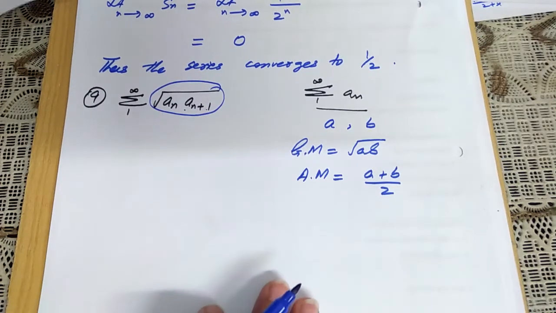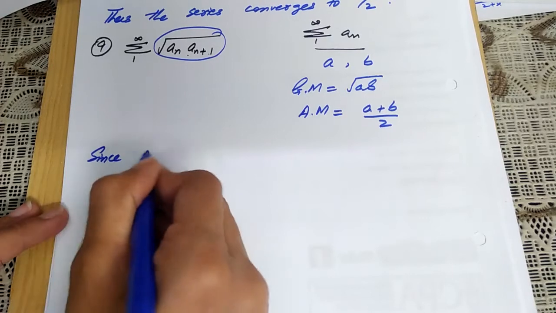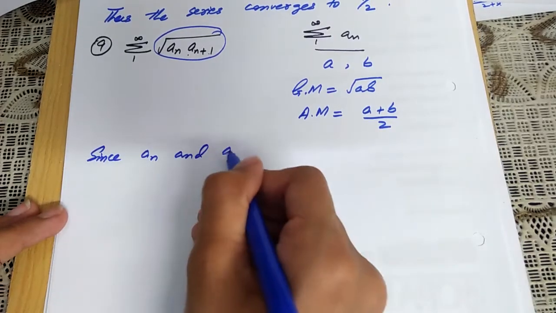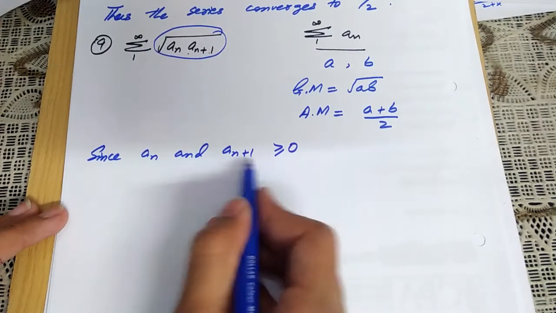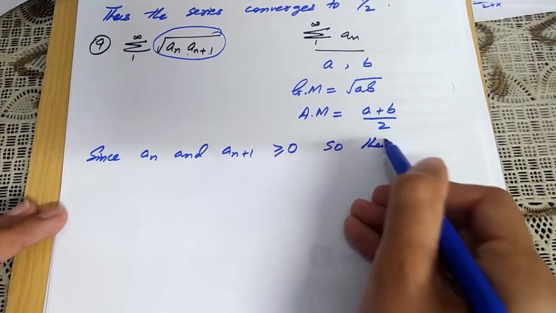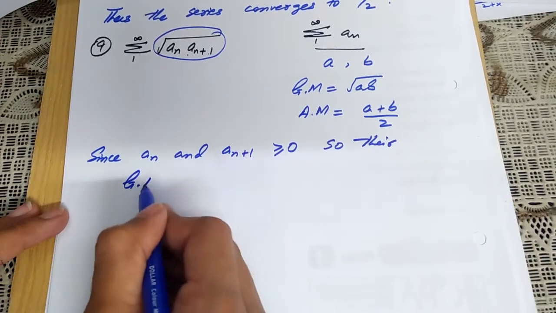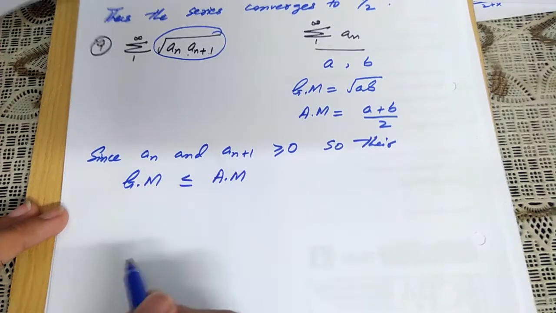So we will write, since an and an plus 1 are greater than or equal to 0, they are both positive, so their geometric mean will be less than or equal to the arithmetic mean.